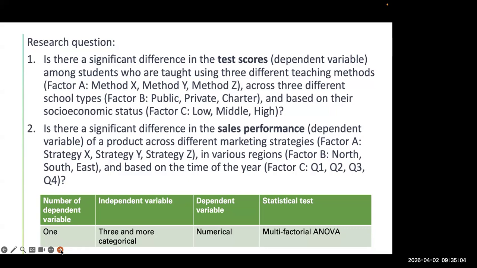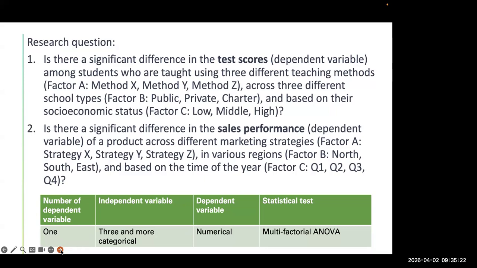Is there a significant difference in the sales performance? Okay, sales performance, how many the participants are able to sell their product in terms of different marketing strategies. This is a factor I want to see.